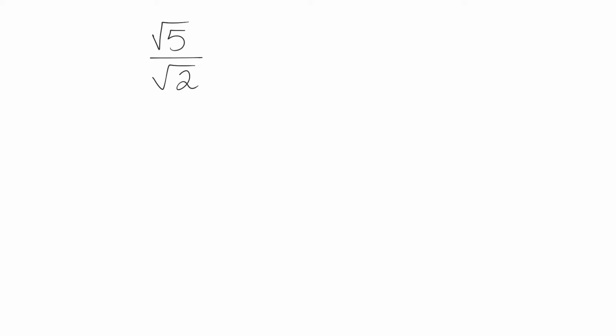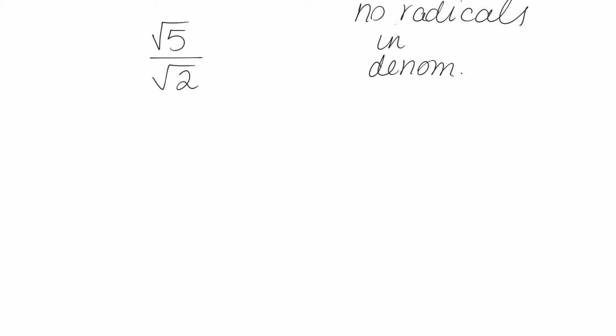It's bad etiquette, it's rude, if you will, mathematically, to leave a radical in the denominator. So our goal is to have no radicals in the denominator. Okay, that's our goal.